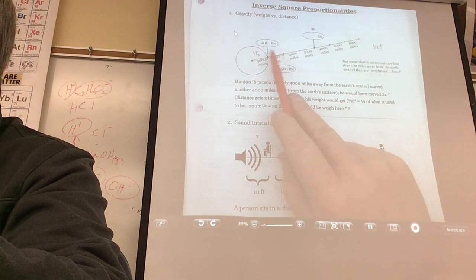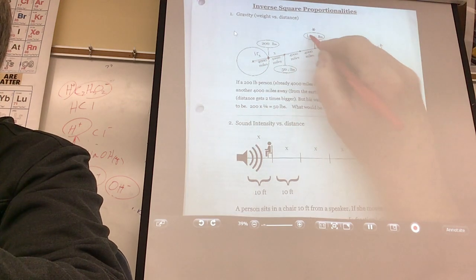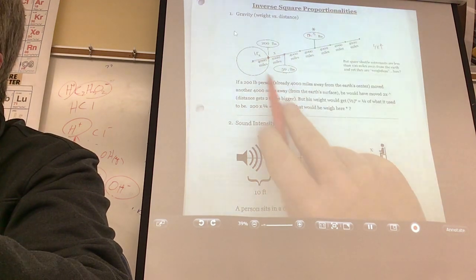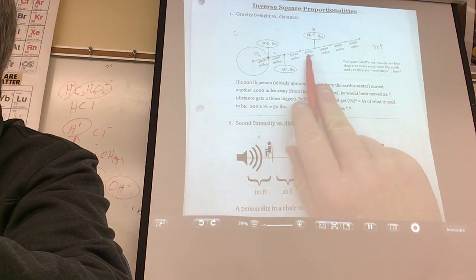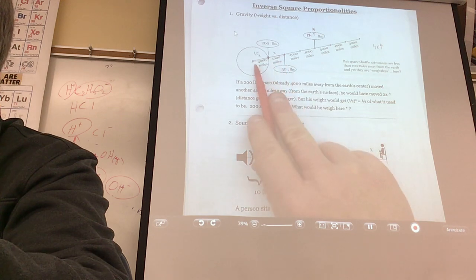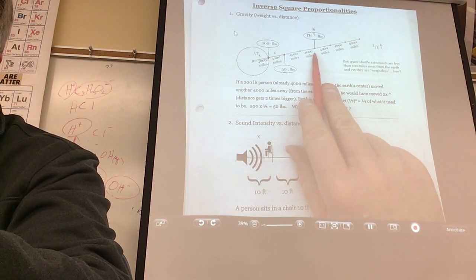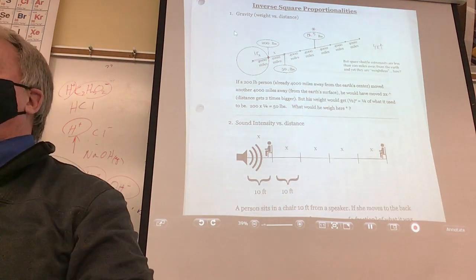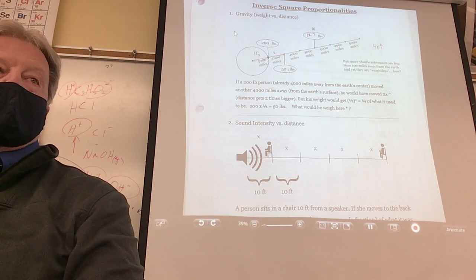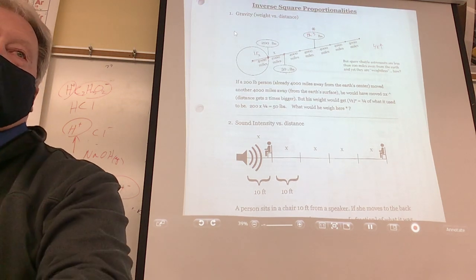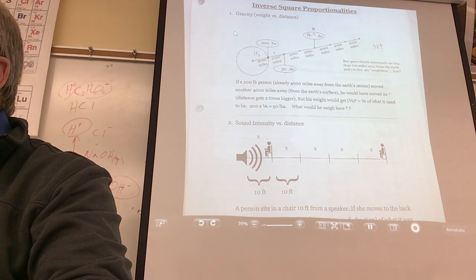So what is this divided by 16? See if we can find that out. 12.5. So if I'm all the way here, I'm 12,000 miles away from the Earth's surface and I still weigh 12.5 pounds. You're still not weightless. So again, I'll teach that later. Why are astronauts weightless when in orbit? It's not because of this.